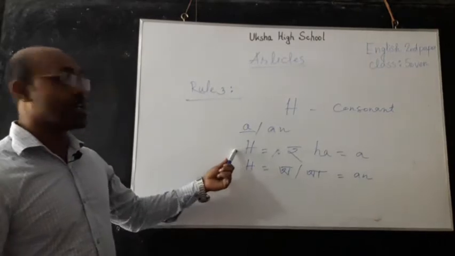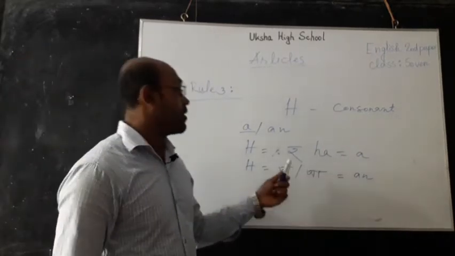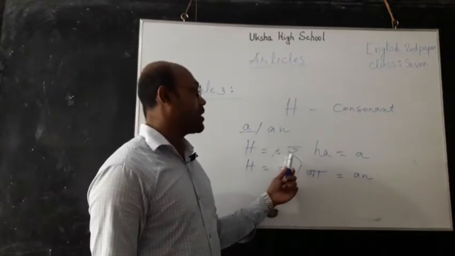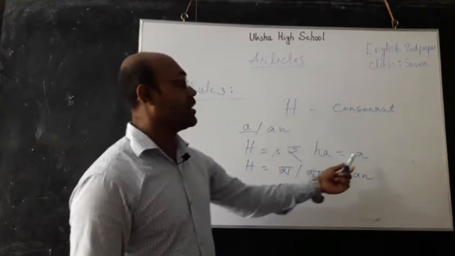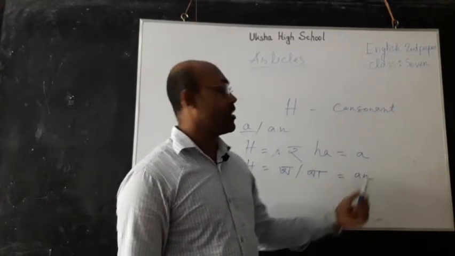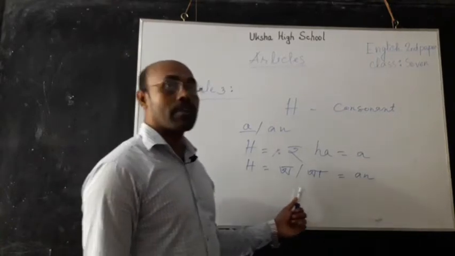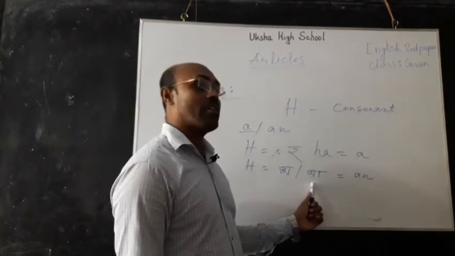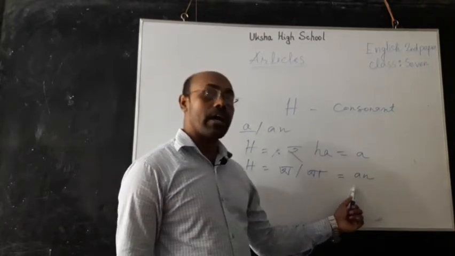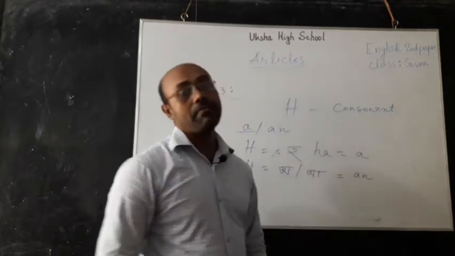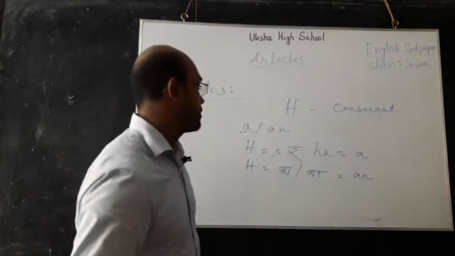If a word begins with H and we pronounce the H, then we write a. And if a word begins with H and the H is silent, then you write an. I am giving some examples.